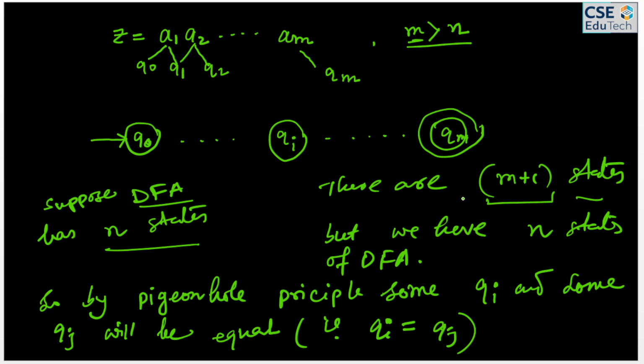Now that means some Qi, after some state Qi will be Qj, because here also we consider that i is greater than j, right? So now we redraw this graph.